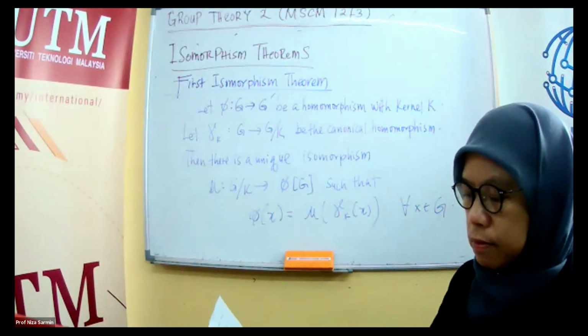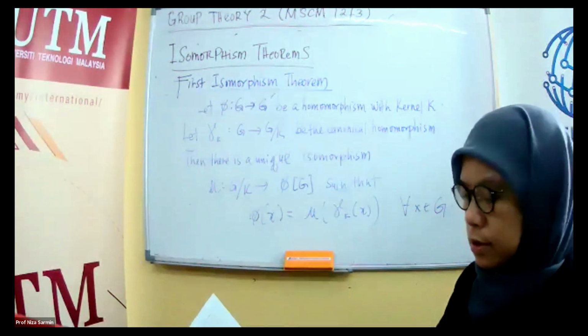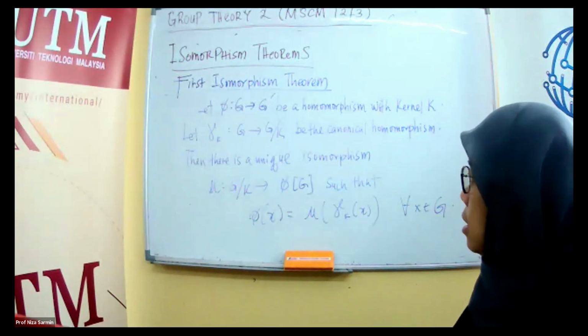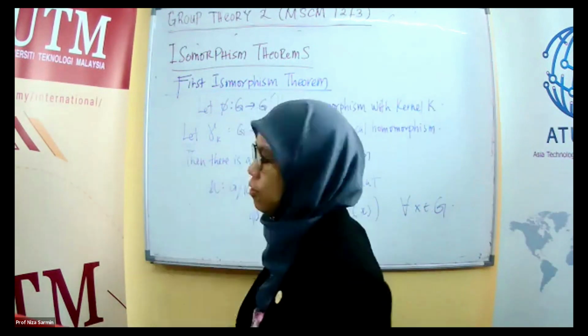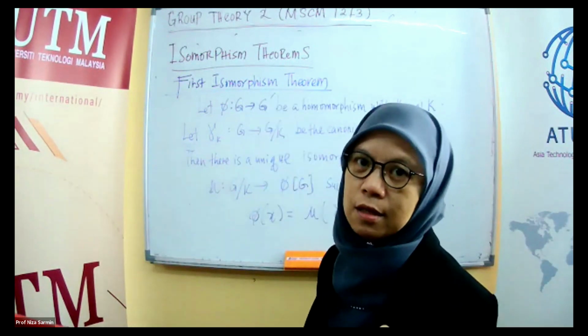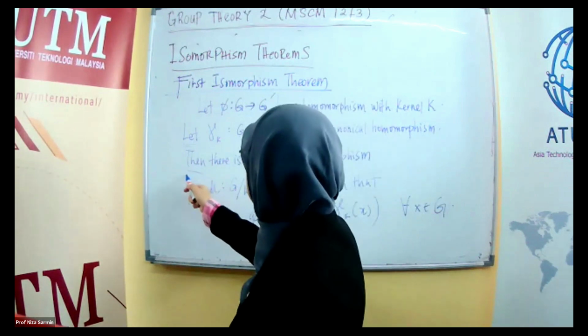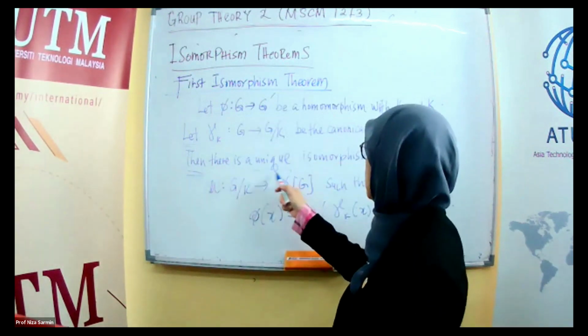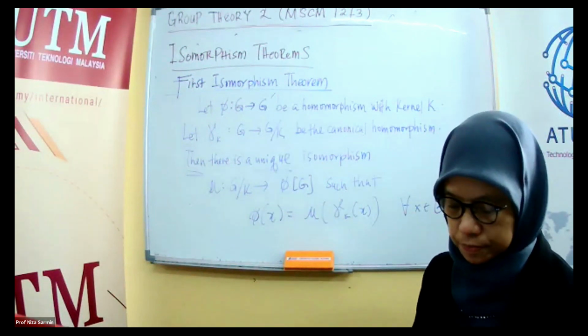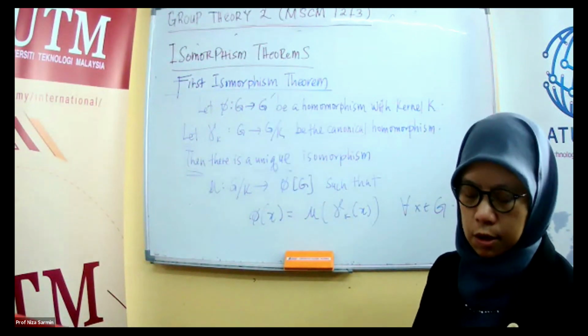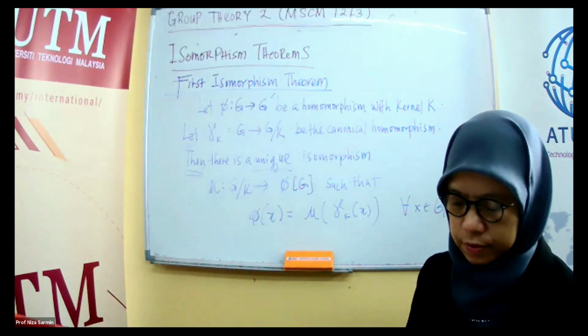You see from the previous one that we let this instead of then there is one, and we have this unique isomorphism. Okay. Again, you can go through the proof.